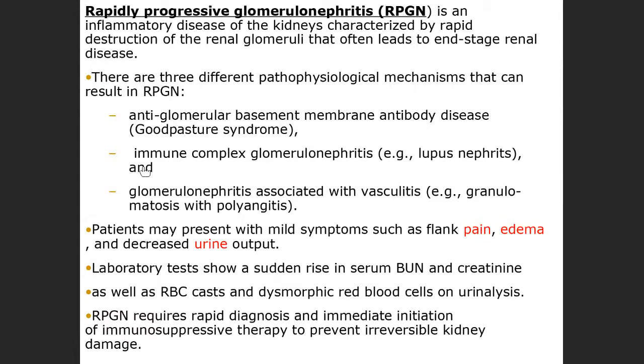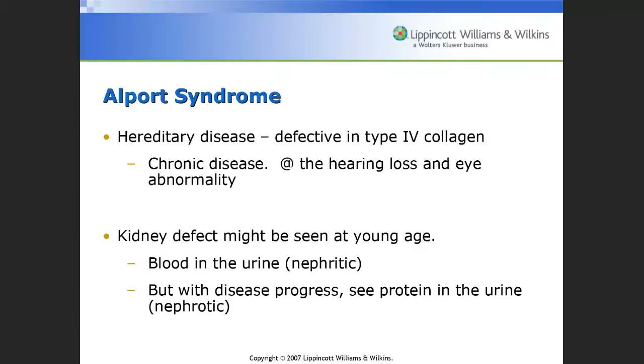But in our case, all of this is part of the nephritic syndrome, which means blood. You will see red blood cells in the urine. Of course, people often have kidney problems, so flank pain, edema, and decreased urinary output. You also see that the BUN level will be increased, including creatinine. That's your typical sign of kidney failure.